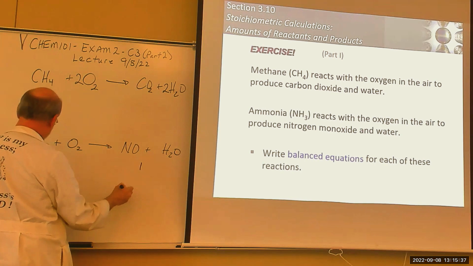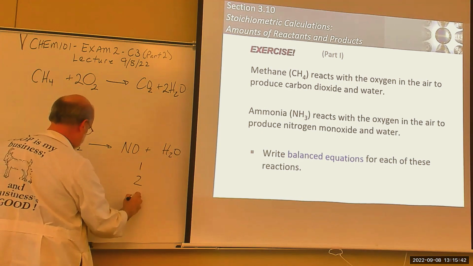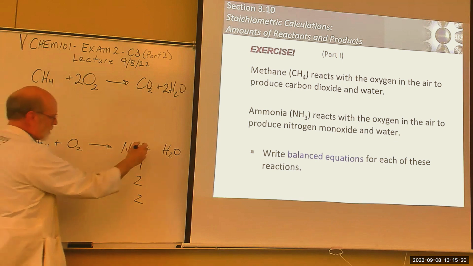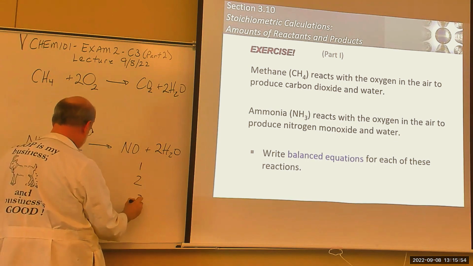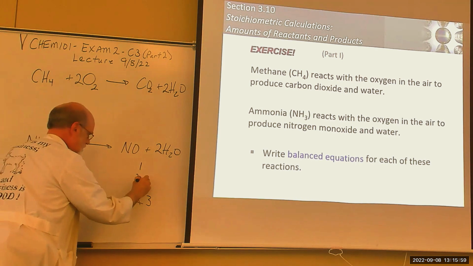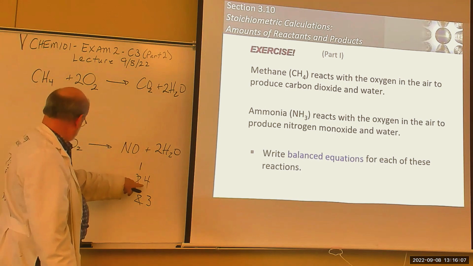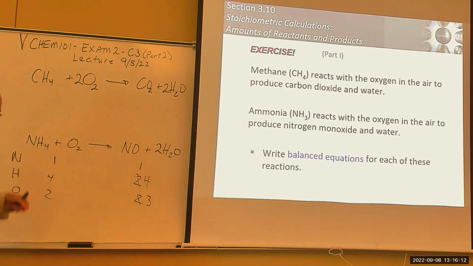Here we go. 1 nitrogen, 2 hydrogens, and 2 oxygens. Okay. We need 4 hydrogens over here. So that gives 2 plus 1 is 3 oxygens. Correct? Is that right? We can do a recount. 1, 4, 2. Yep. 1 nitrogen, 4 hydrogens, 3 oxygens. Yep. Okay.